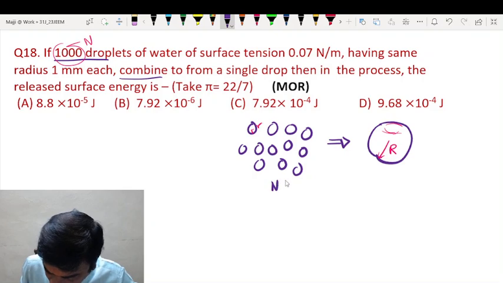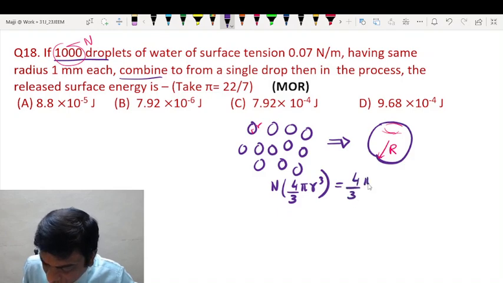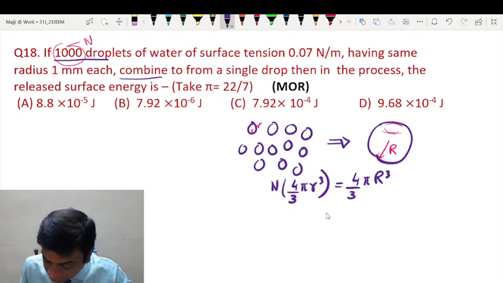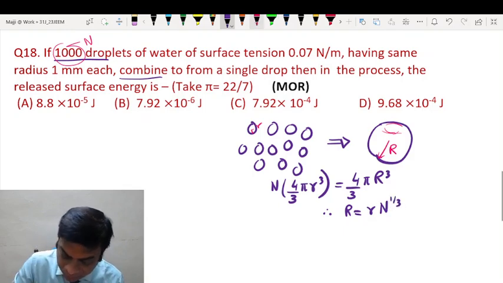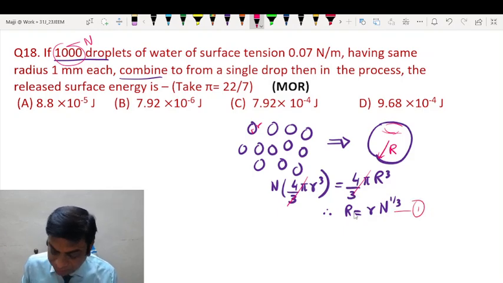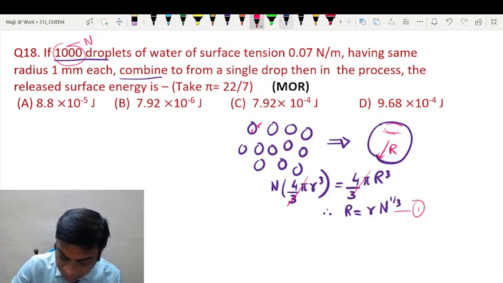The total volume of all the droplets put together must be equal to the volume of the single big drop formed after the combination. So from this, we can see that capital R is small r into cube root of n. First, we have to cancel this 4 by 3 pi. Then let us find the decrease in area.